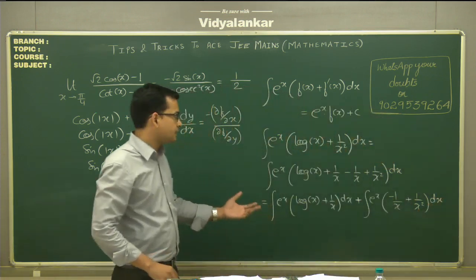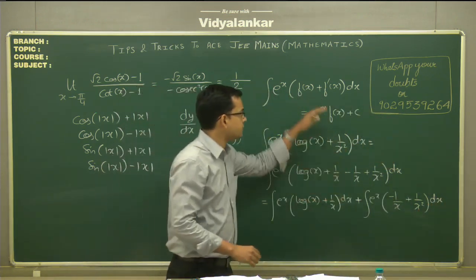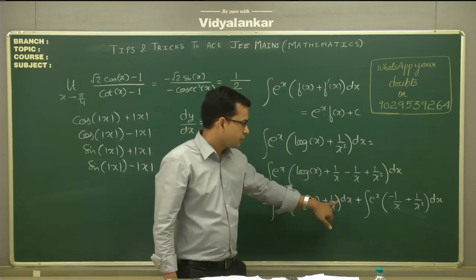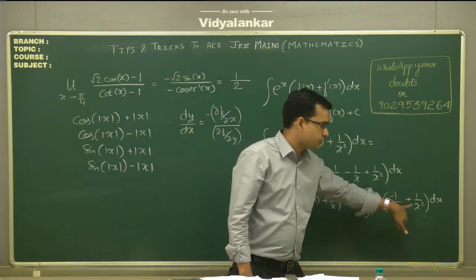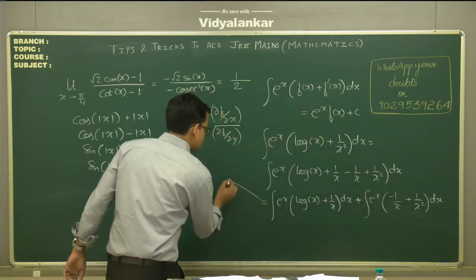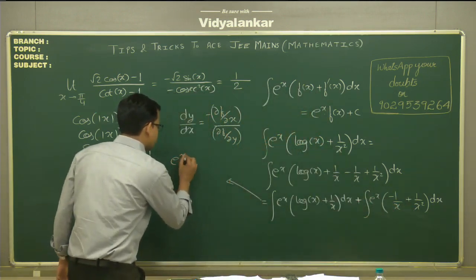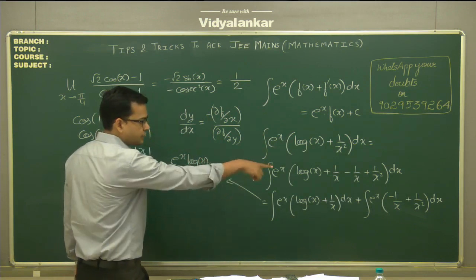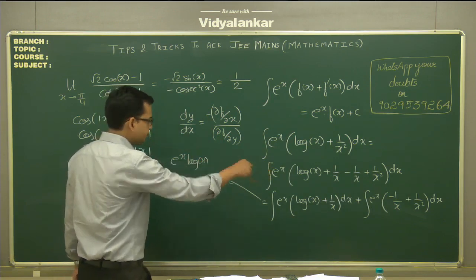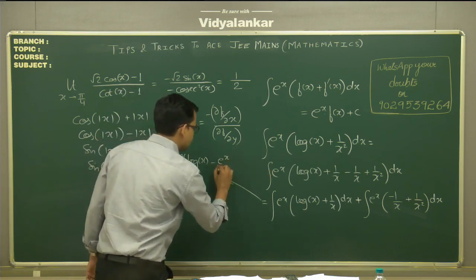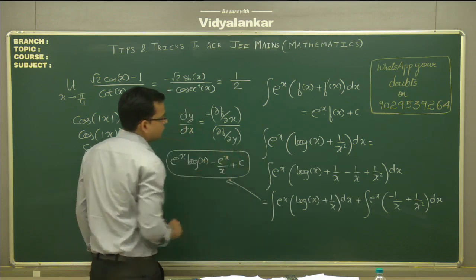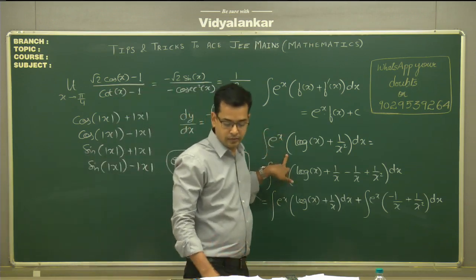And now you can clearly see कि ये दोनों इंटीग्रेशन जो है ये इसी फॉर्मूले पे बेस्ड है. e raised to x into function plus its derivative, e raised to x into function plus its derivative. So the answer is straight away e raised to x log x, that is the first integration, and e raised to x by minus x. So that is the second integration. So you can expect such questions in JEE Mains.